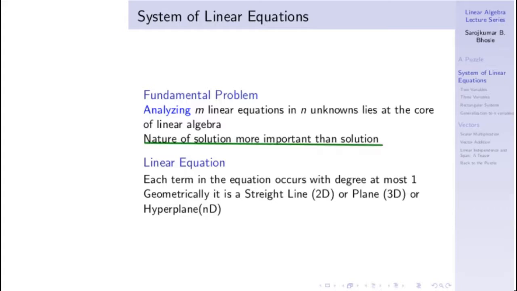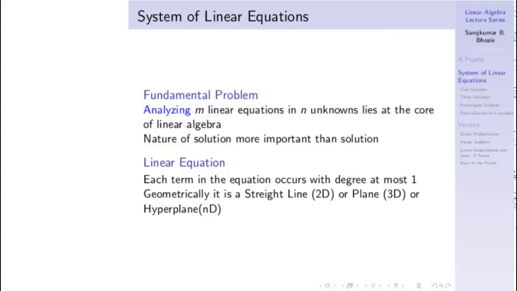For finding a solution, we have a number of software tools. We can easily find the solution to a system of any number of linear equations in any number of variables. But what a machine cannot do for us is to analyze the nature of the solution.